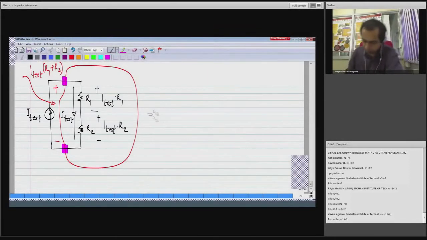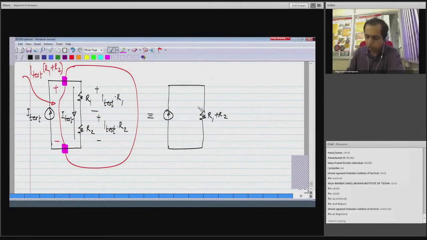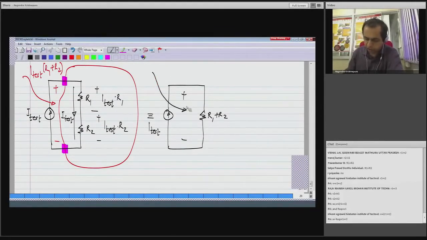So the voltage drop is proportional to I test, and the proportionality constant is R1 plus R2. So if you have this resistance, the voltage across that will be I test times R1 plus R2.